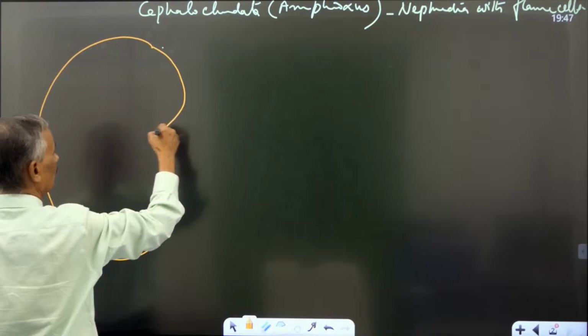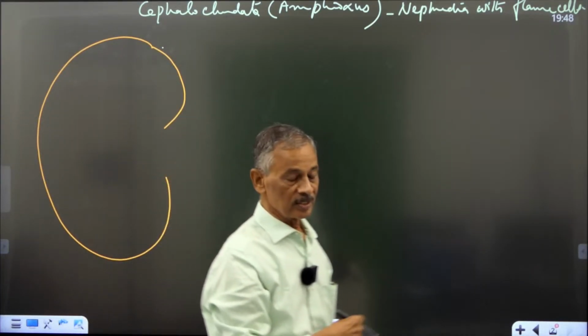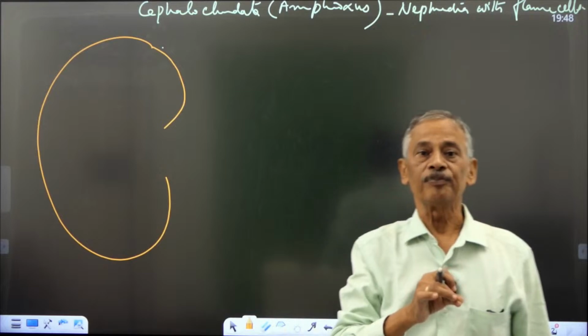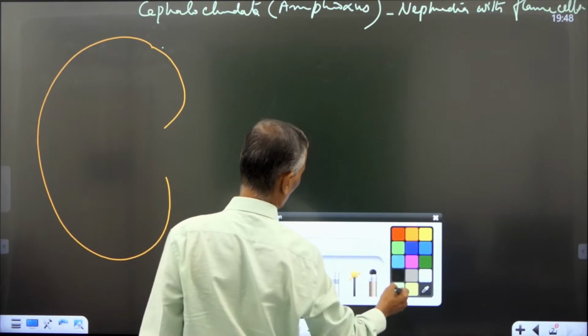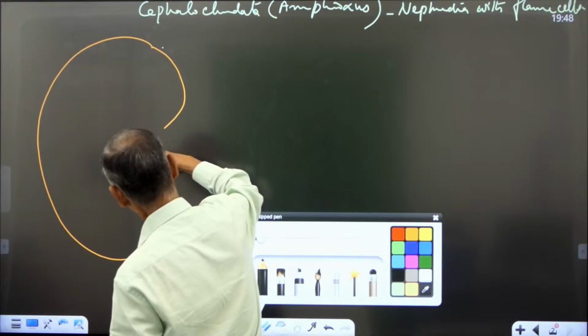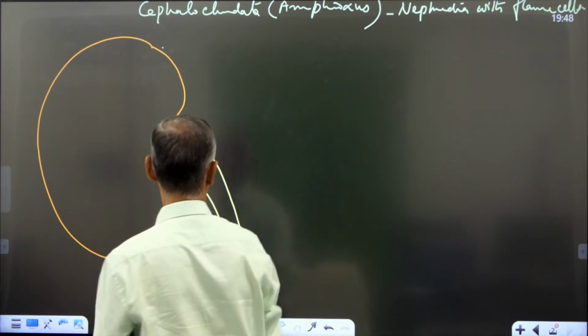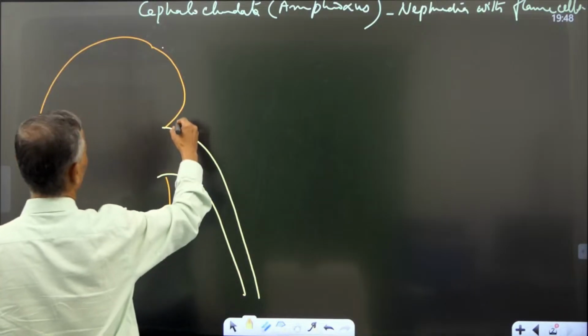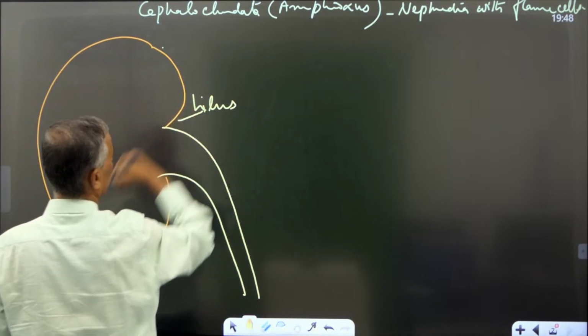This hilum is the point through which the duct of the kidney comes out. Duct of the kidney is called ureter. The ureter is coming out. So this is the hilum. It is also called hilus.